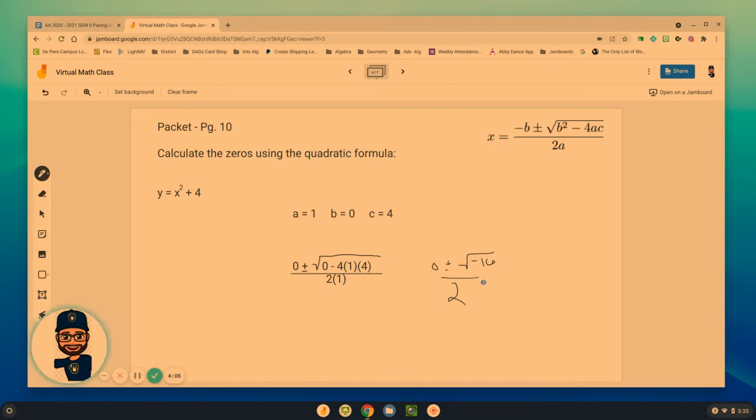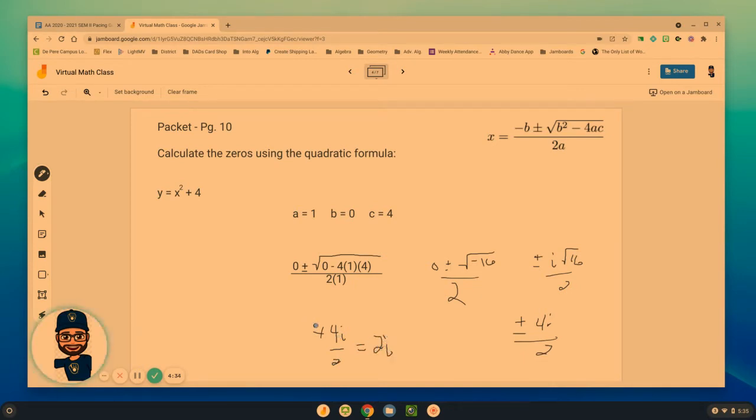As we learned last week, we can't do anything here until we take out the i value. I times the square root of 16 all over 2, or plus or minus 4i all over 2. So we've got positive 4i over 2, which is 2i.